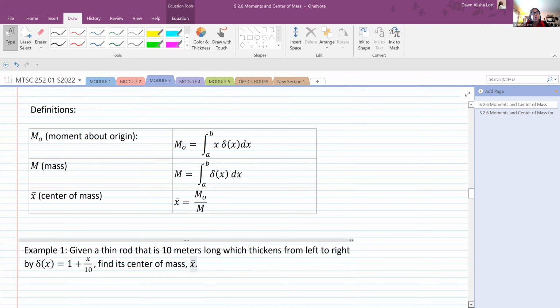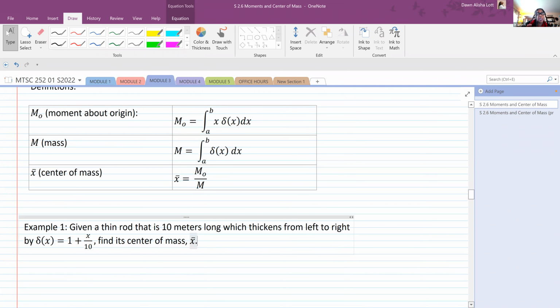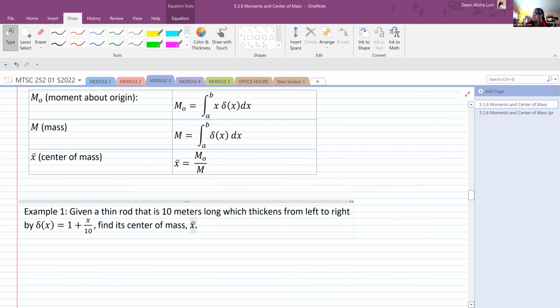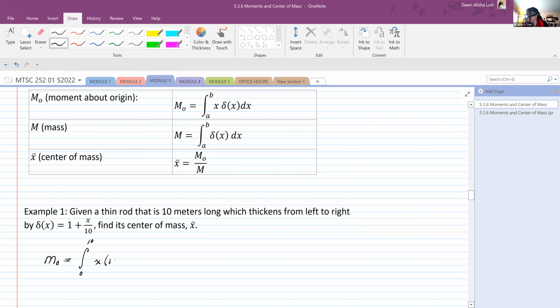Okay, so we can find m naught first if you'd like. So m naught is going to be the integral from 0 to 10 of x times 1 plus x over 10 dx. All right, so I have x just like up in here. I have my density function right here. And dx.